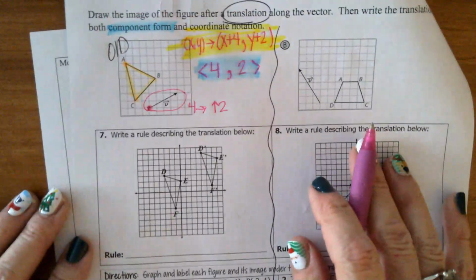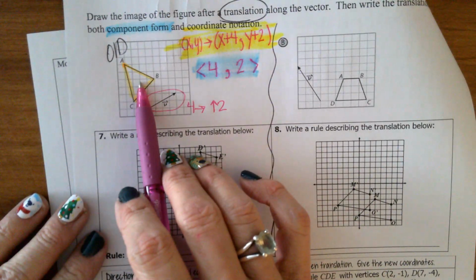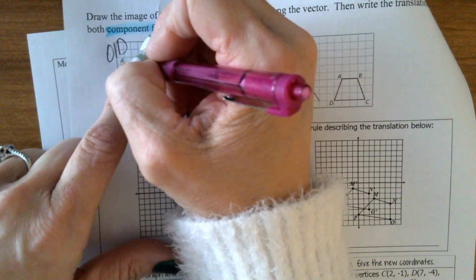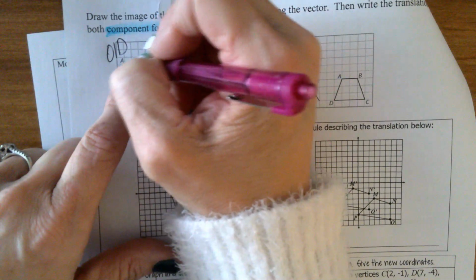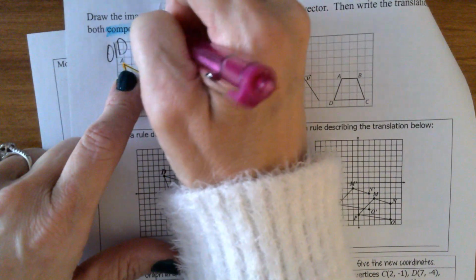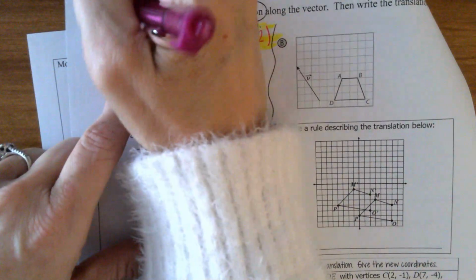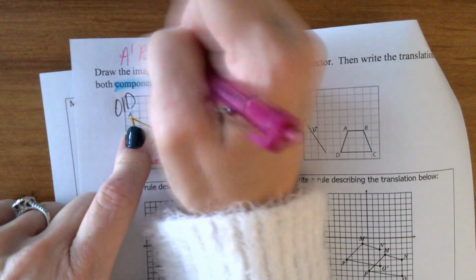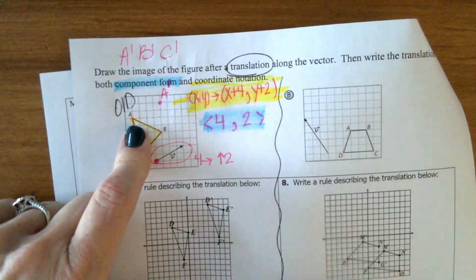Okay. Then you have to draw the new one. So here's how easy it is. You take A, and you're going to move over 4 and up 2. 1, 2, 3, 4, and then go up 2. Put a new dot, and I want you to write A prime. Remember that A prime, B prime, C prime from middle school?